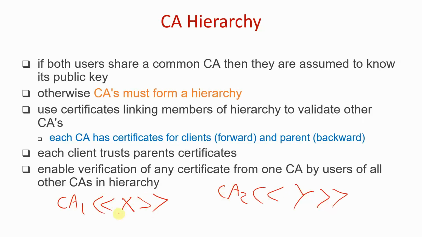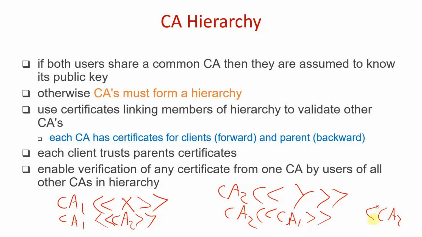So there would be a certificate of CA2 that is signed by CA1, and there would be a certificate of CA1 that is signed by CA2. And they would have each other's certificate as well. So there would be a certificate here of CA2 that is signed by CA1, and here there would be a certificate of CA1 that is signed by CA2.